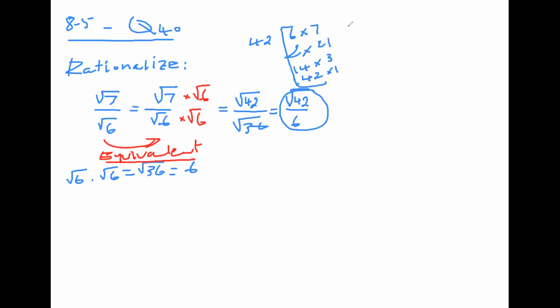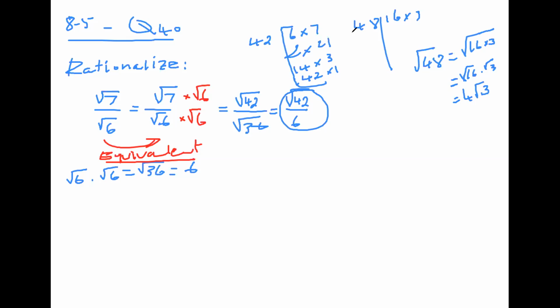If this 42, for example, was 48, it would have been a different scenario. We could do 16 times 3. We can say radical 48, and turn that into 16 times 3. Then we can split this into two radicals, radical 16 times radical 3. And what is the root of 16? 4, that's right, 4 radical 3.